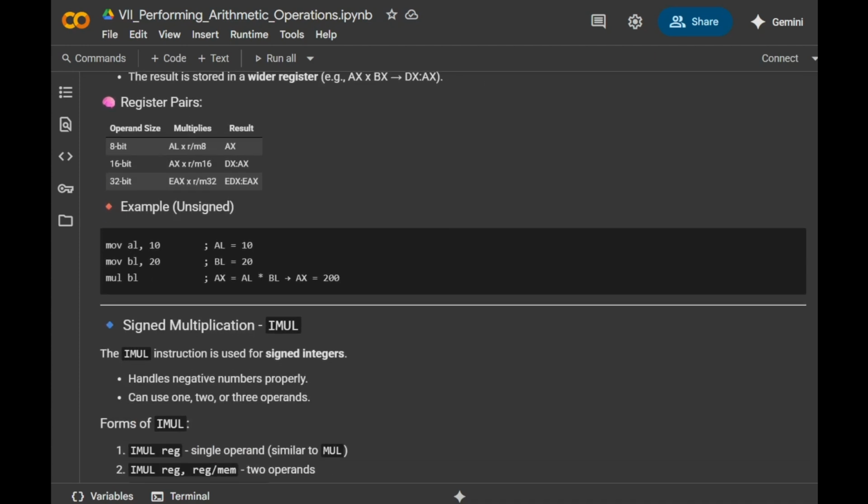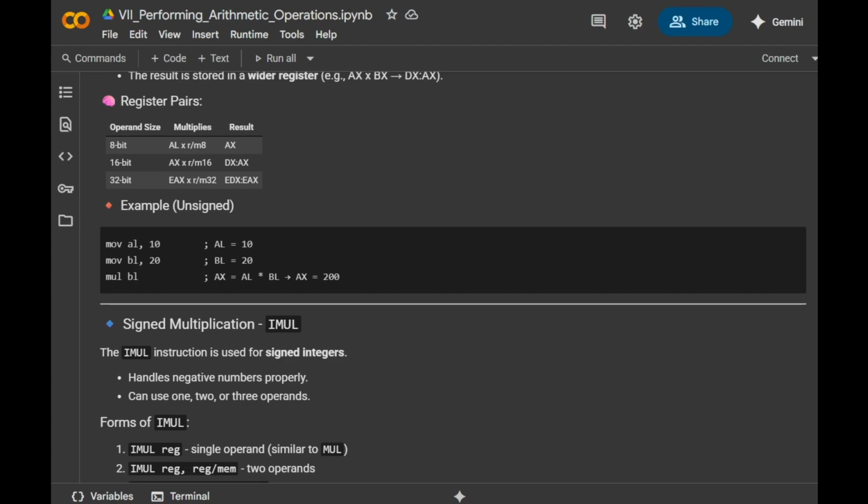For example, if we move 10 into AL and 20 into BL, the instruction MUL BL will multiply them and store the result 200 in the AX register.